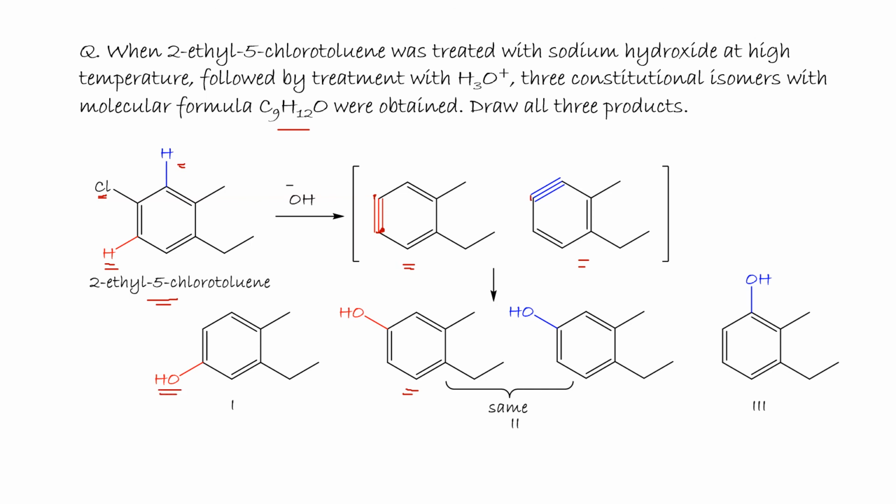For this one, if we add the OH in here, or we add the OH in here, these two are the same compound. So we have compound 1, compound 2, compound 3.